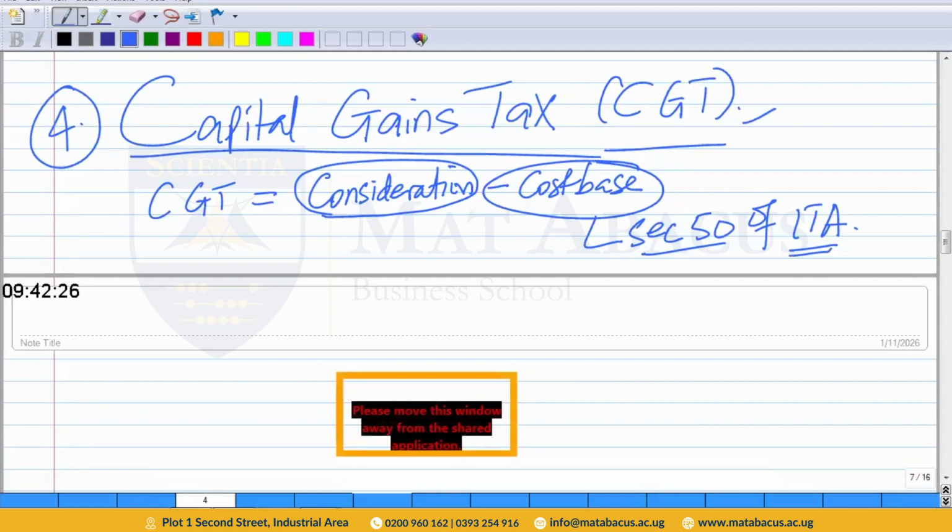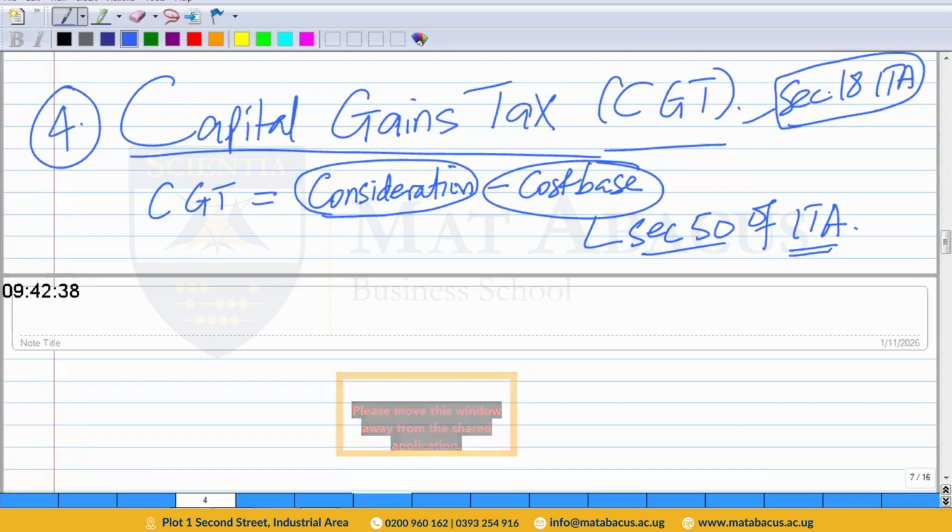And under Section 18 of the Income Tax Act, we shall see that capital gains tax is not a tax on its own. It is included in business income, the one we looked at in number 1. But for examination purposes, it is examined separately.